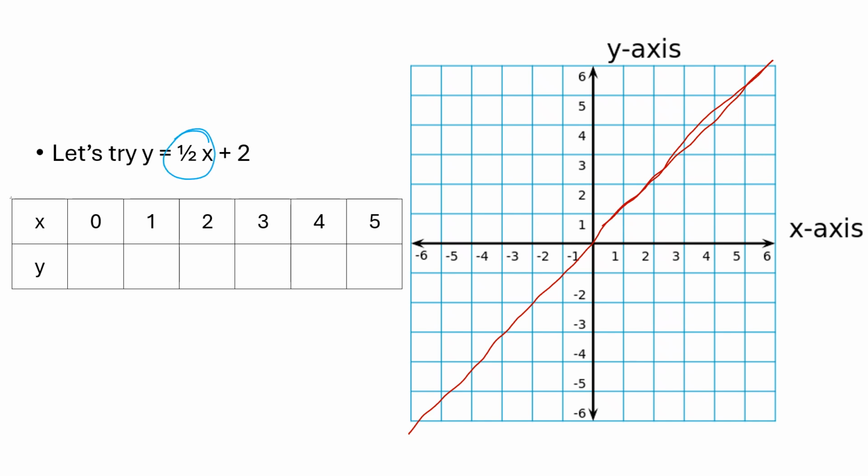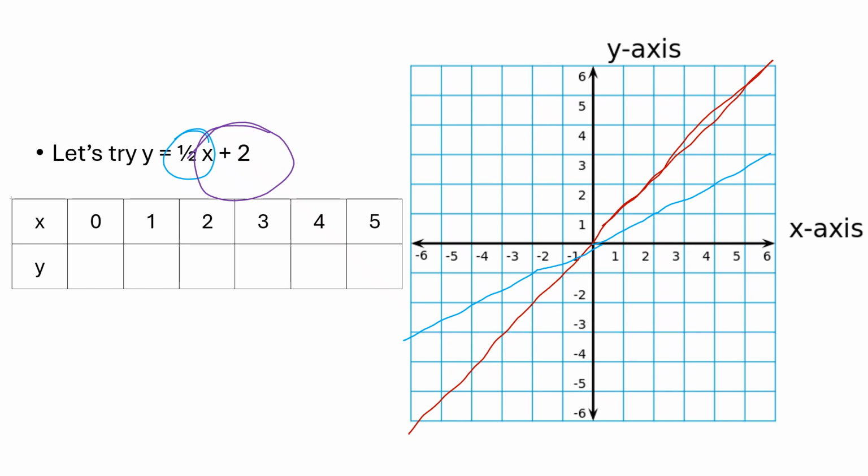That means that it's going to be for every 1 square we go in the x direction, we're going to go half a square in the y. See how it's now shallower? And it should go through the origin there. It's just a bit wobbly. So that is our first part of the translation.